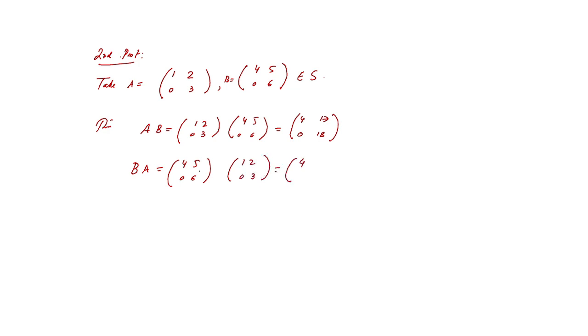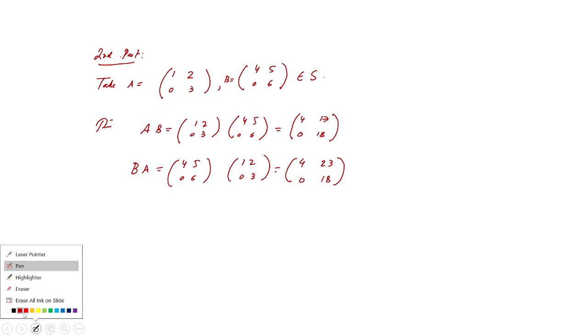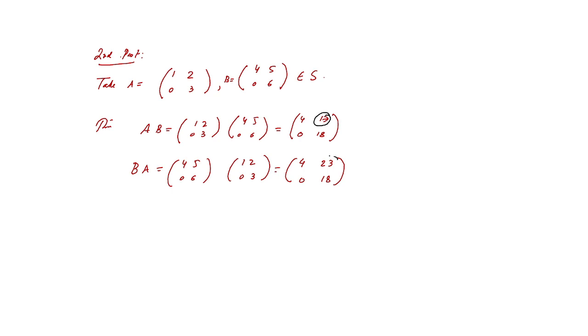So this will be 4, 8 plus 15, 23, 0, 18. And here you just see that the value is basically different. Here you will see 17, here 23. So therefore, AB not equals BA.